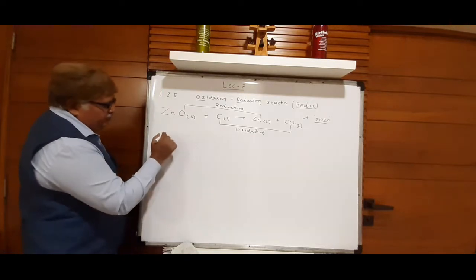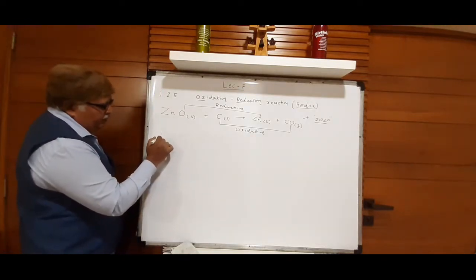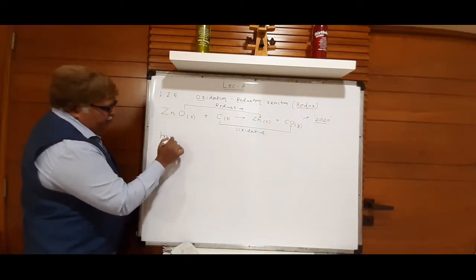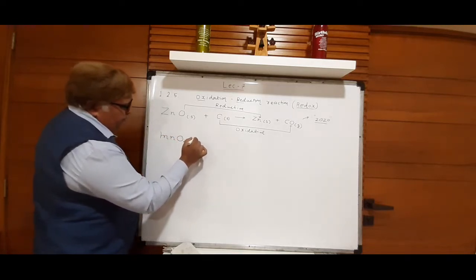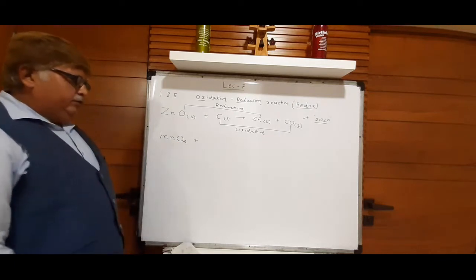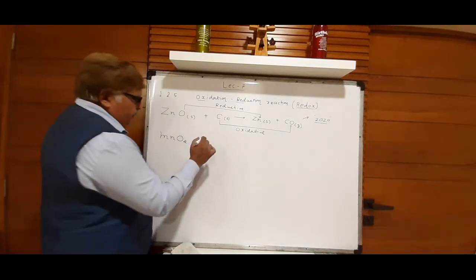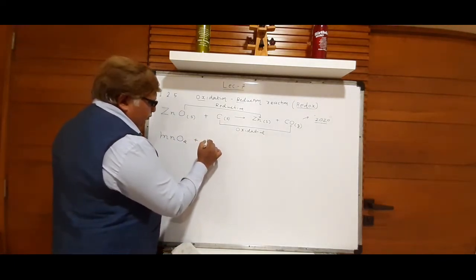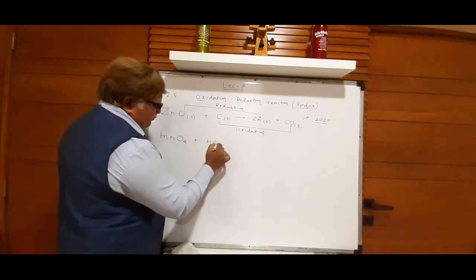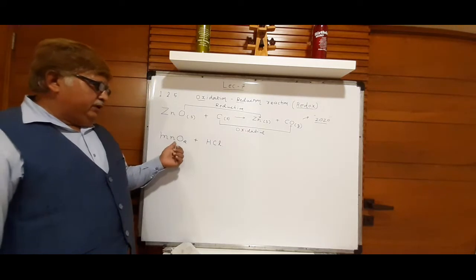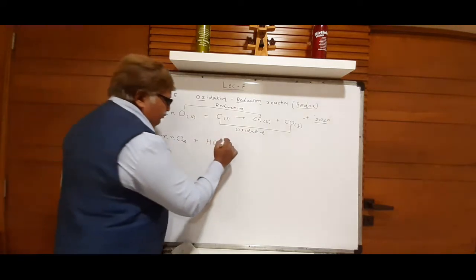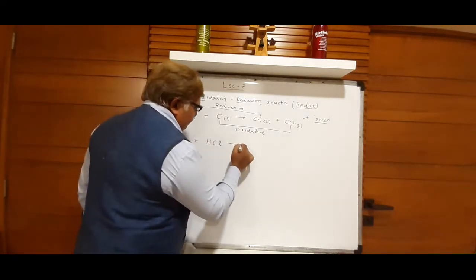Suppose I mention one another: MnO2, manganese dioxide. Just try to understand. When it reacts with HCl, understood? I have written two reactants, manganese dioxide and hydrochloric acid.